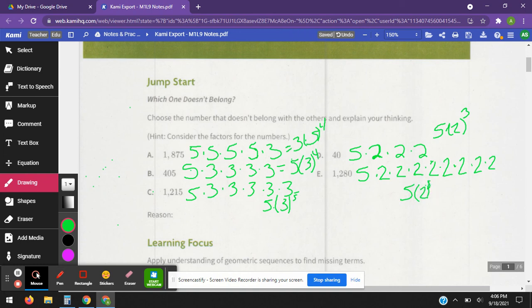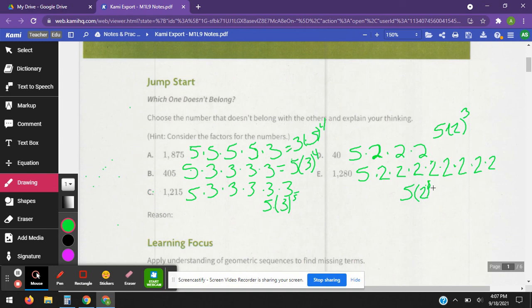So really, all of these probably have something a little different. All of these have a single 5. This one has multiple 5s, so that makes A different. B, I don't know, these two both have 3s.